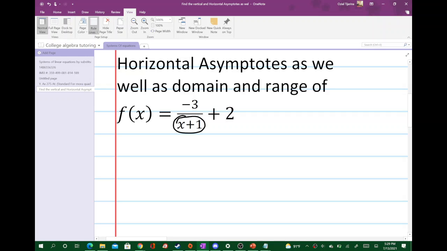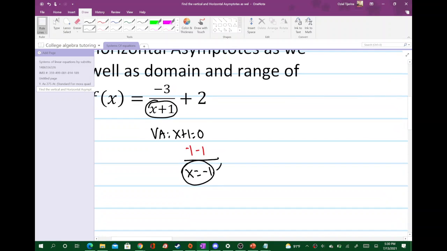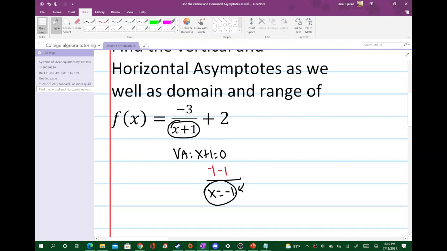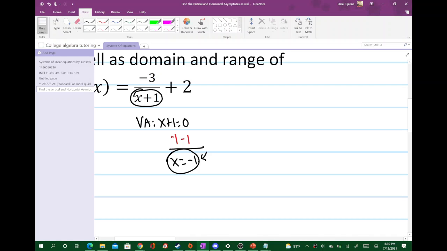But your horizontal asymptote, I believe it's different. So just to be safe, for the vertical asymptote, you're going to set x plus 1 equal to 0, and subtract 1 on both sides, right? And doing so, you get x equals -1, and that is your vertical asymptote.